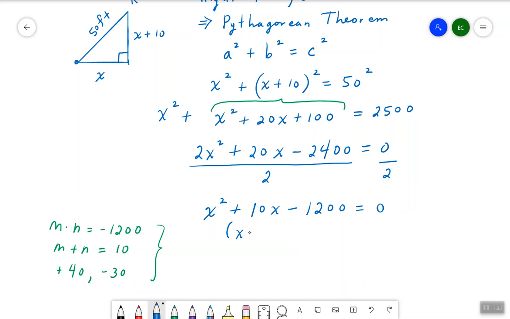So x plus 40 times x minus 30 is equal to 0. Set each factor equal to 0 and solve, and we get x equals negative 40 or x equals positive 30.